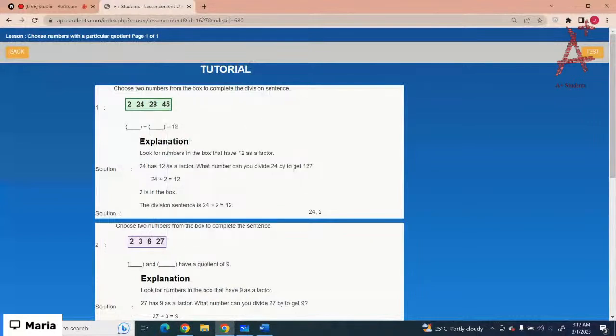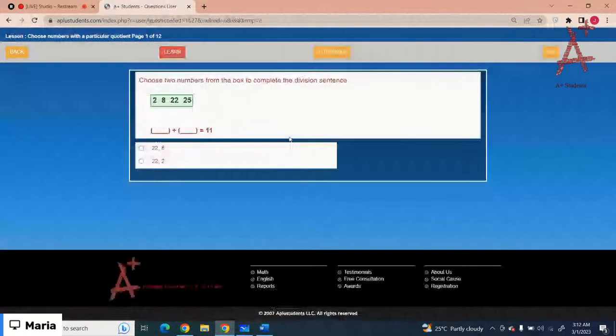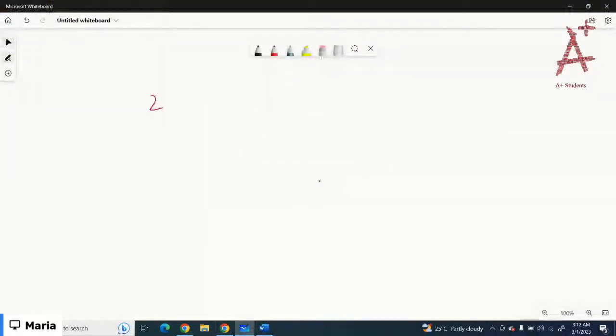You have to look for a factor and a number that can divide it. Let me just write it down on the board. 2, 8, 22, 25. Missing number divided by missing number equals 11.